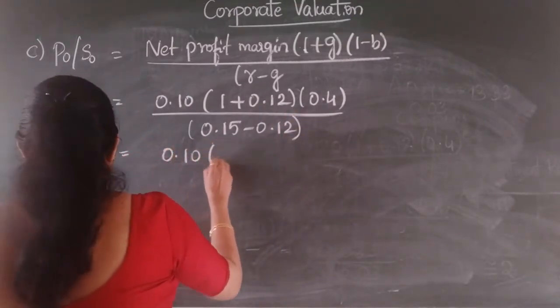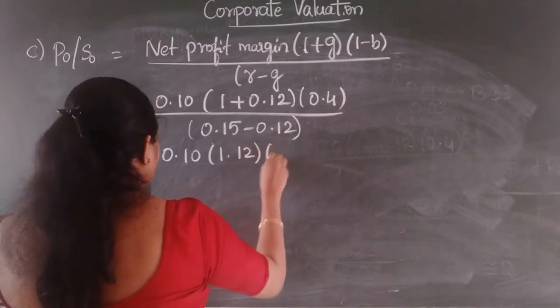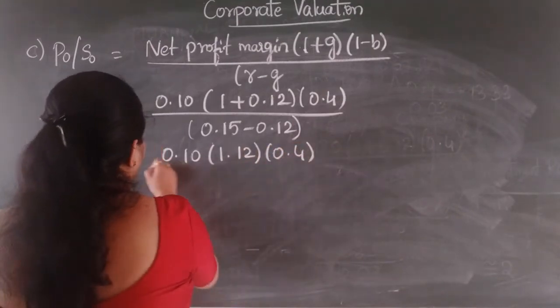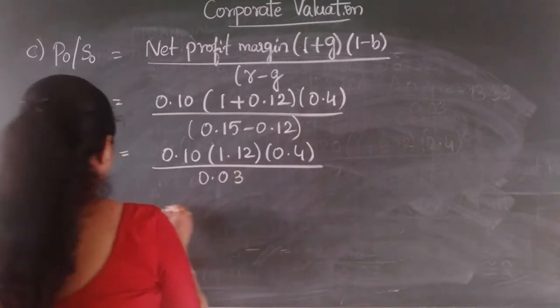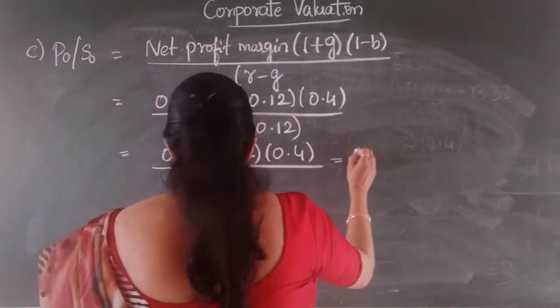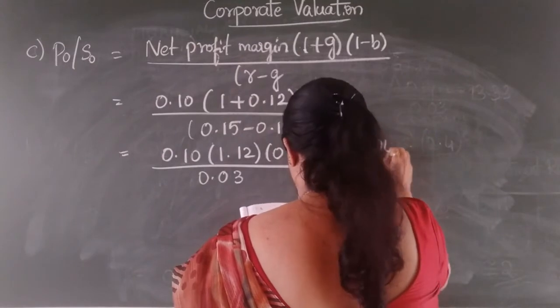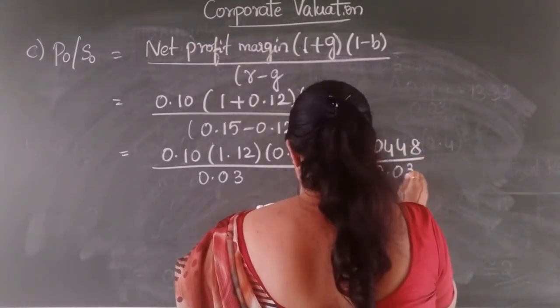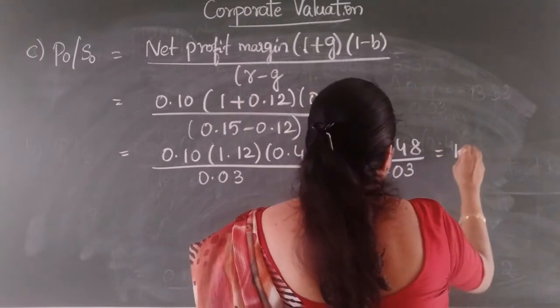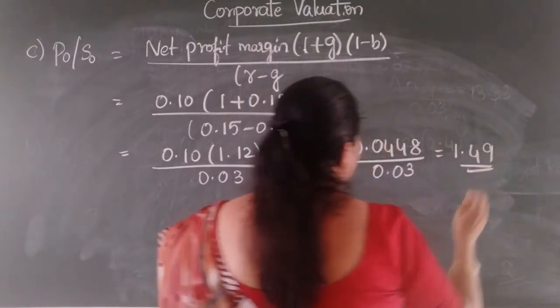So 0.10 into 1.12 into 0.4 divided by 0.03. 0.0448 is the numerator, the denominator is 0.03, which gives 1.49 as the answer.